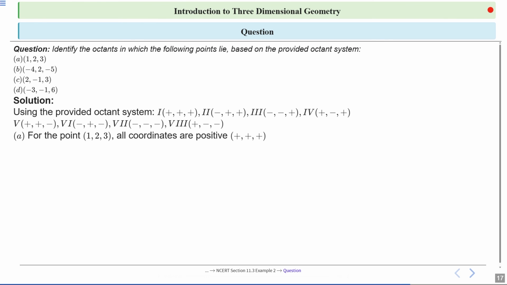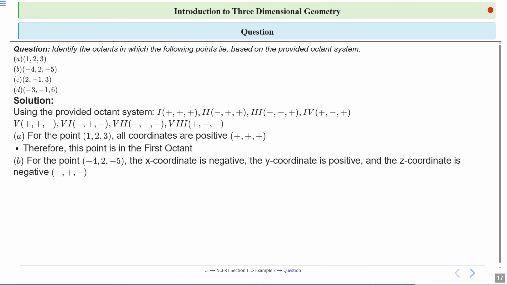Now let's examine point A, which is 1, 2, 3. All three coordinates are positive. X is positive, y is positive and z is positive. So therefore the point is in the first octant. Next, let's look at point B, which is -4, 2, -5.